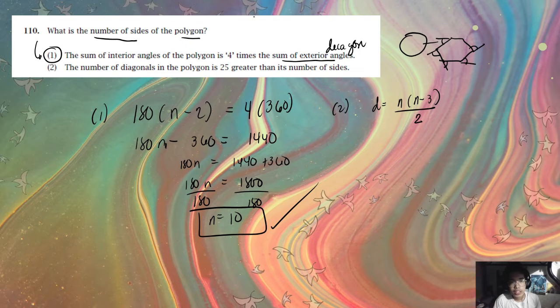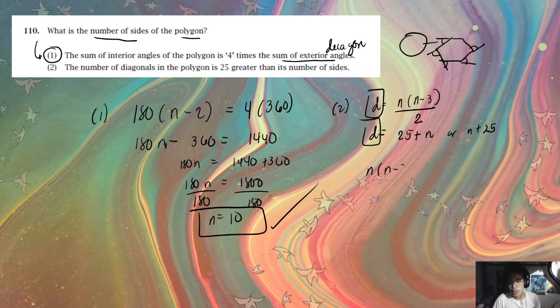Now, the given here states that the number of diagonals is actually equal to 25 greater than the number of its sides, or it could be n plus 25. Since both of these D's are diagonals, and they're just referring to the same polygon, let's try to equate them.